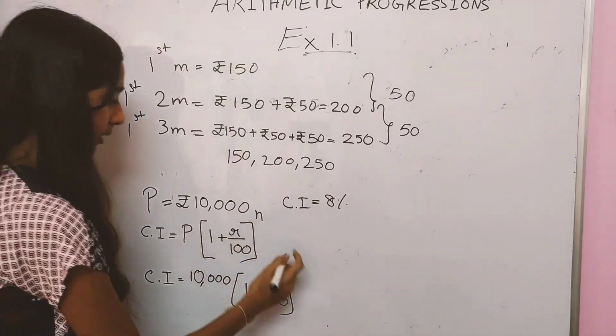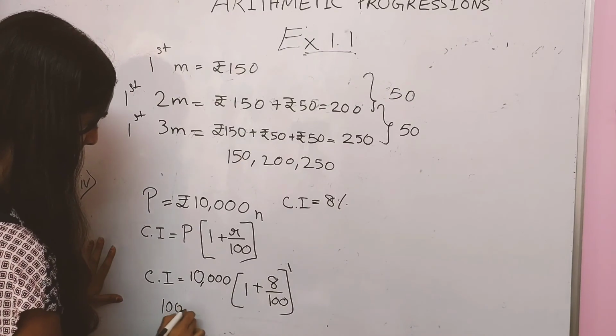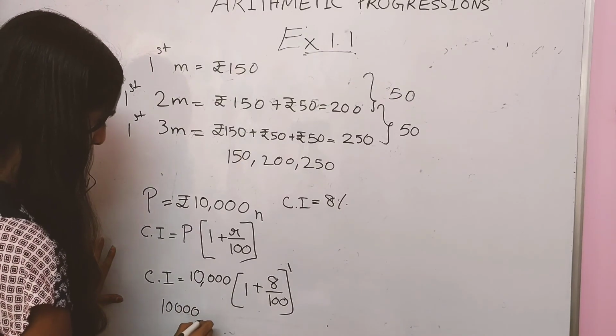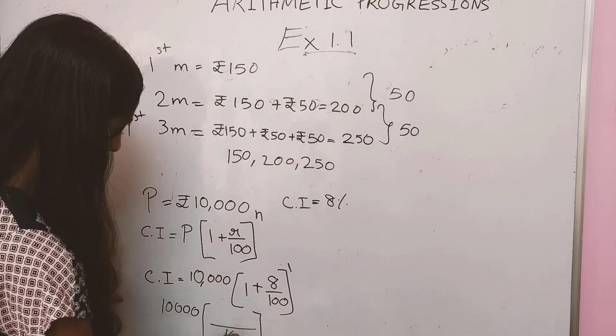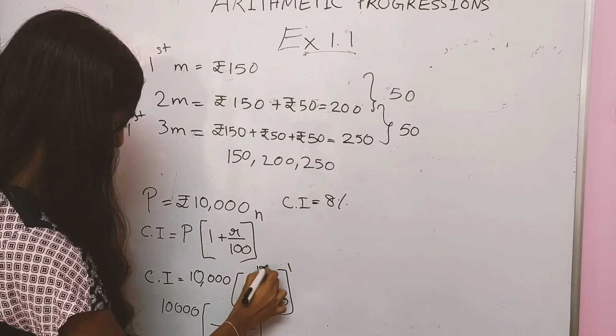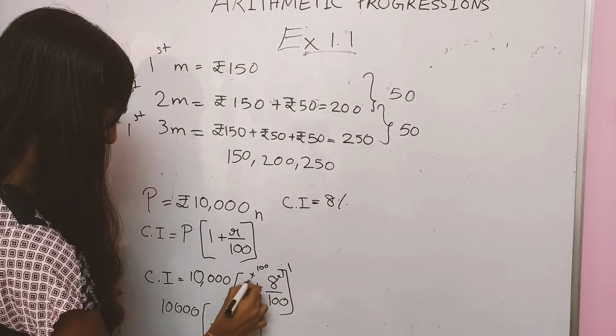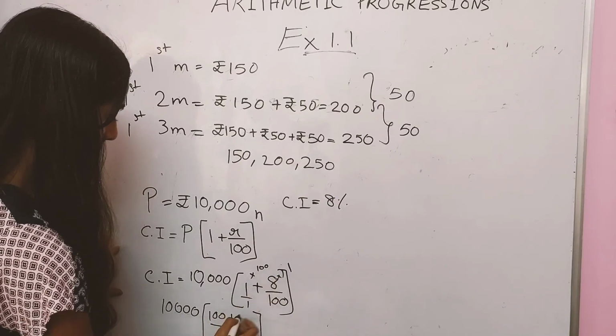So in the place of n, I will write 1. 10,000 into, I will take the LCM of this, 100. 1 into 100, 100 into 1. 1 into 100 is 100 plus 8 into 1 is 8.